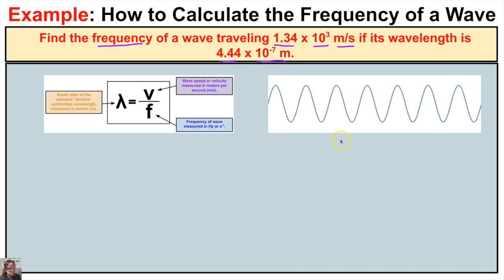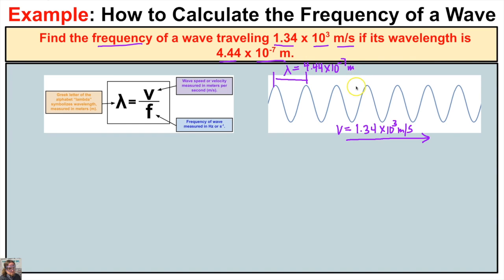So we have a wave here, and it looks like the wave could be traveling in this direction with a speed or velocity of 1.34 times 10 to the third meters per second. What we also know about this wave is its wavelength. Its wavelength here, or lambda, equals 4.44 times 10 to the negative 7th meters.